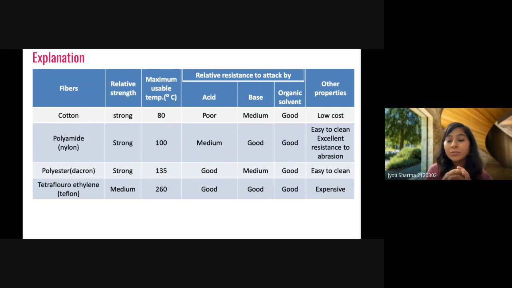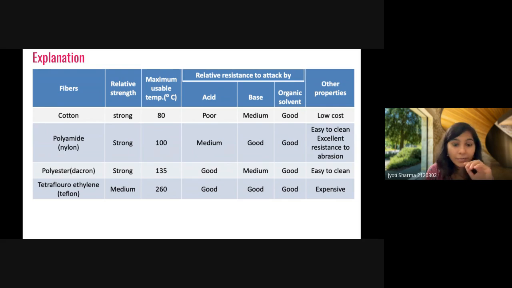Based on that, you select a particular type of fabric. For example, if we use cotton and the gas is acidic, this will not work, because its resistance to attack by acid is very poor. So we have to use either polyester or teflon.